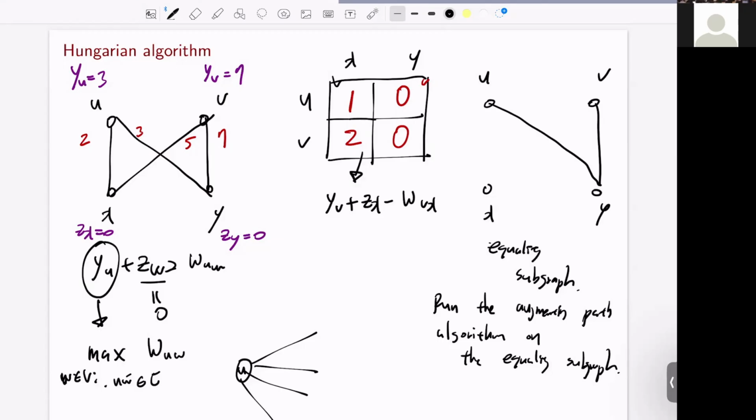If you run the augmenting path algorithm, it computes a maximum matching. It doesn't care about weights, but it maximizes the number of edges in your matching, and it also gives a minimum vertex cover. So let's say I have a maximum matching, and the minimum vertex cover will be just this vertex y.